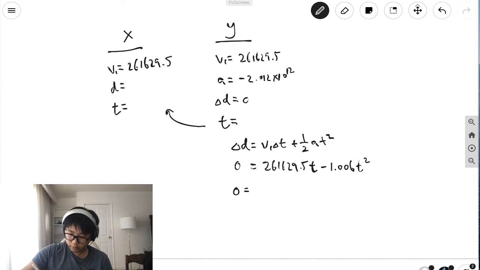We can just factor out the t from here. Or rather, even negative 1.006 t. Get t. Oh, I forgot the times 10 to the negative 12.